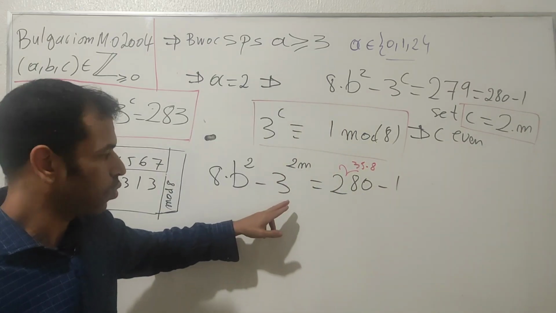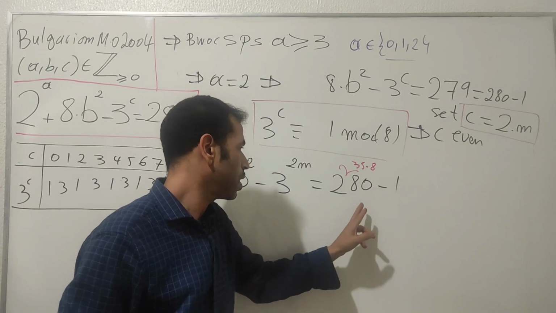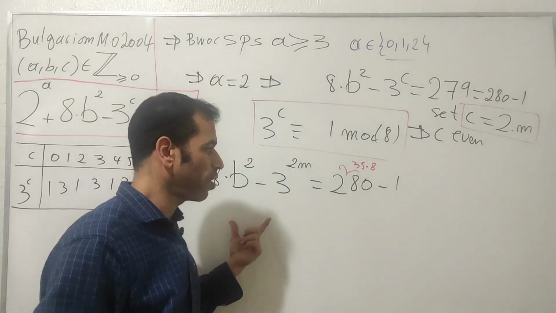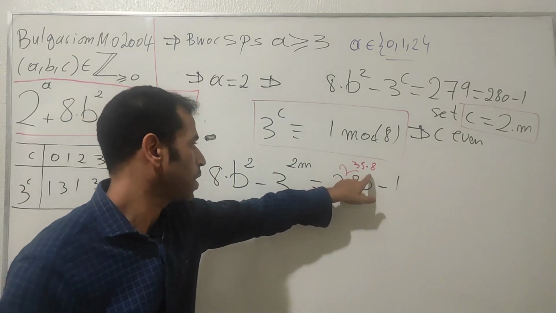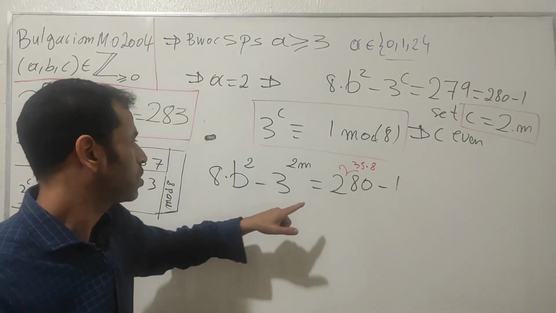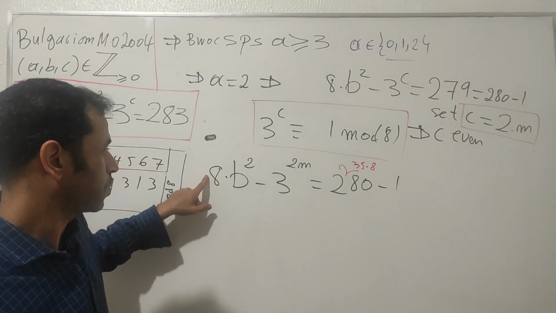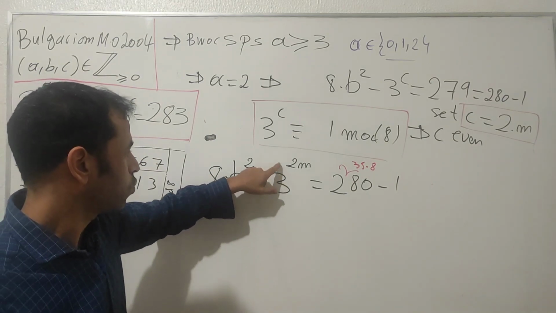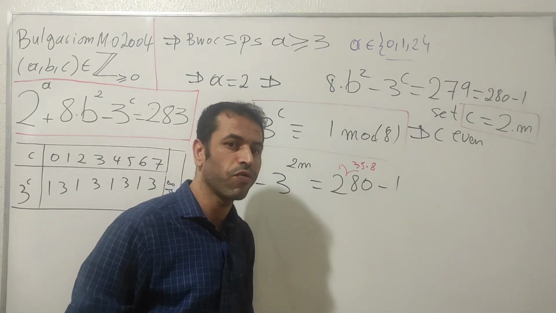Next, I'm going to move this 3 to the 2m to the right and bring this term back to the left, making 8 a common factor, since we have 8 multiplied by 35. At the same time, when you move this term to the right, I will have a difference of two squares, then we will factor that.